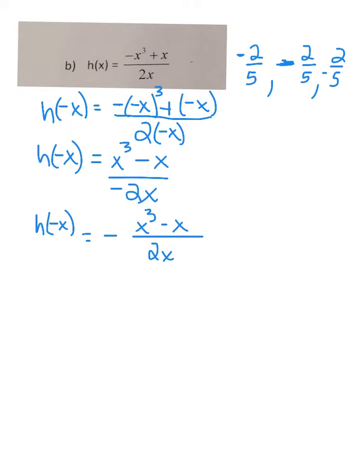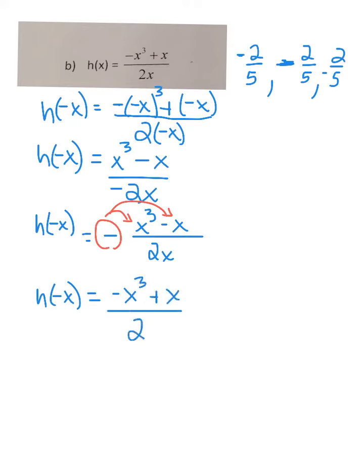And the reason why I want to do that is, watch this. If I take this negative and distribute it through, I took it out of the denominator and essentially just moved it up to the numerator instead. What it does is it makes that x cubed a negative x cubed, and it makes that negative x a positive x, and the denominator is 2x.